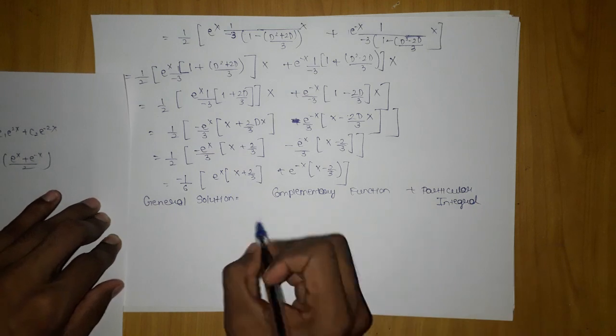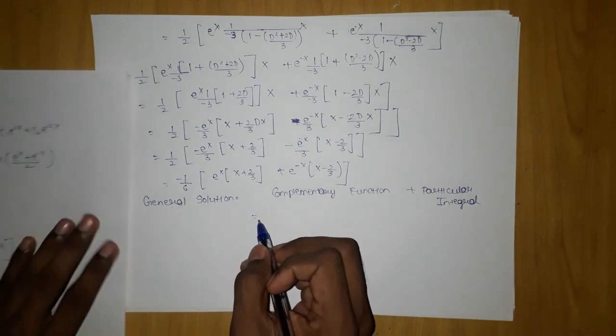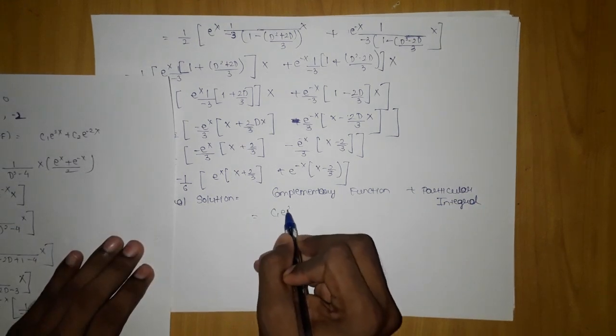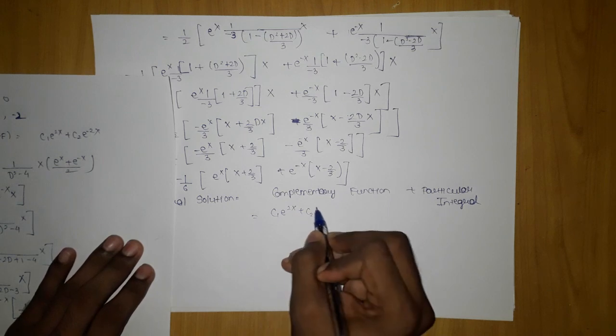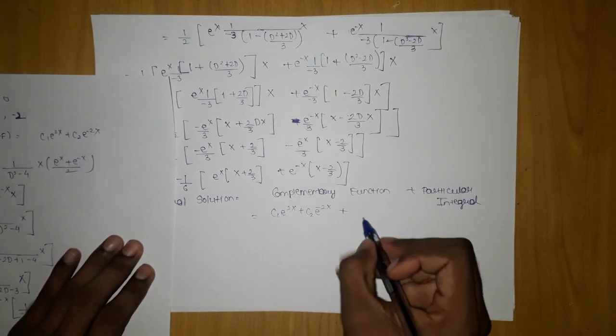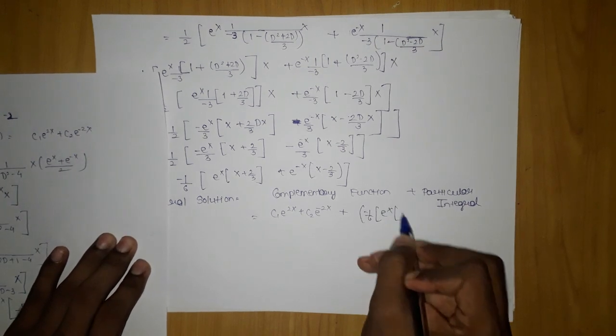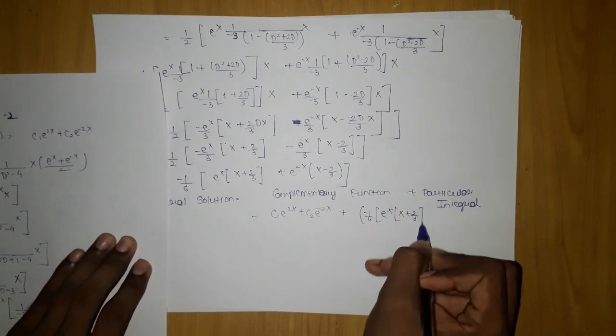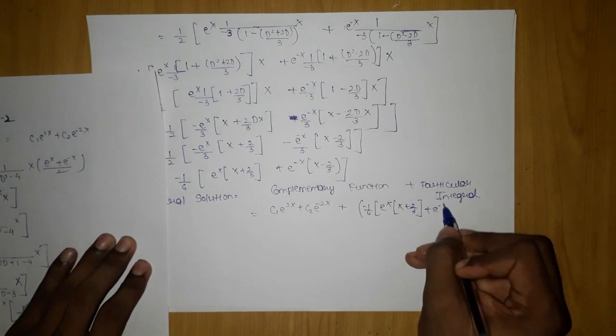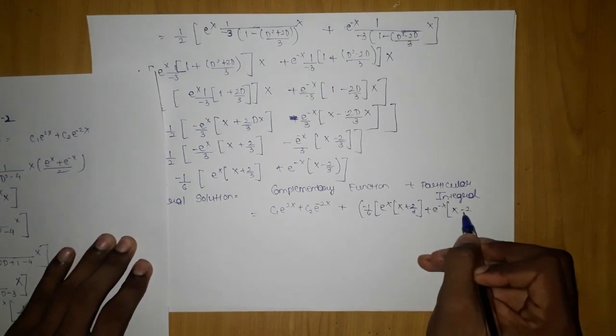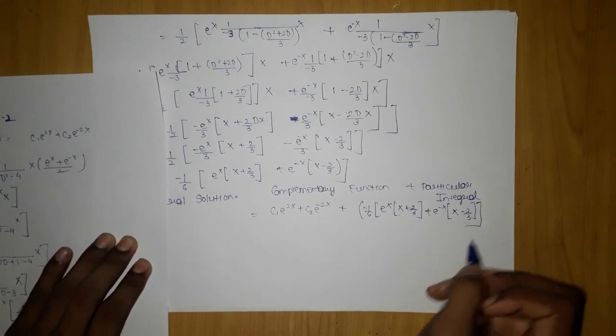So if we solve this, what we are going to get finally is c1 e to the power 2x plus c2 e to the power minus 2x plus here it will be minus 1 by 6 bracket e to the power x bracket x plus 2 by 3 bracket close plus e to the power minus x bracket x minus 2 by 3 bracket close, the whole bracket close.